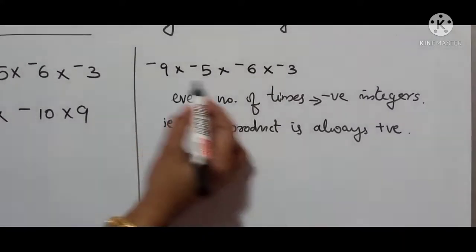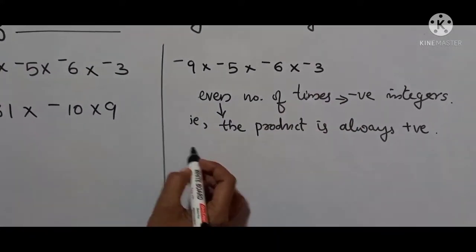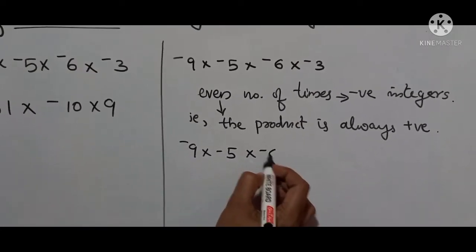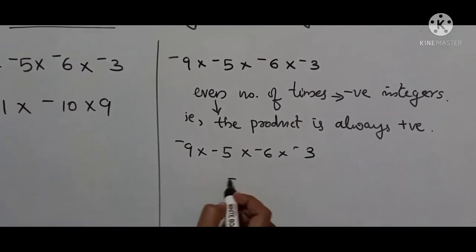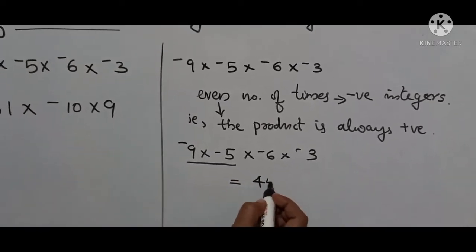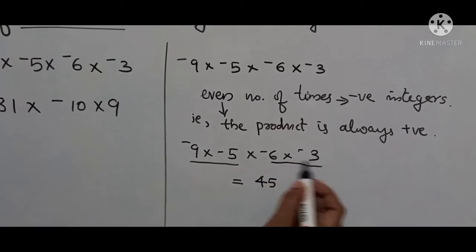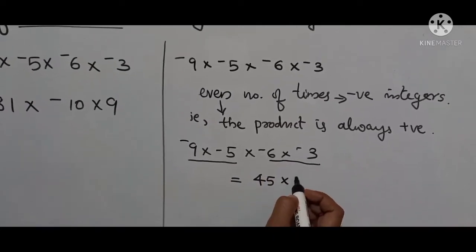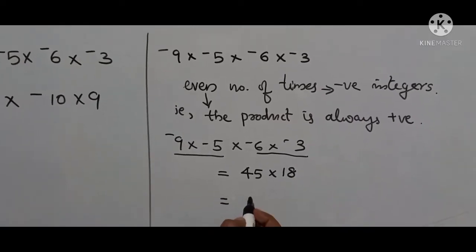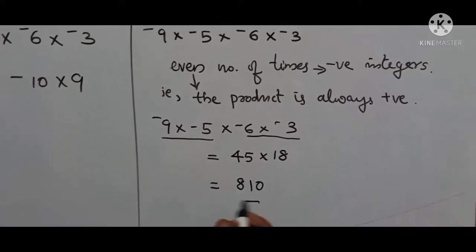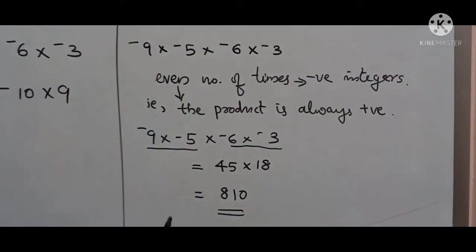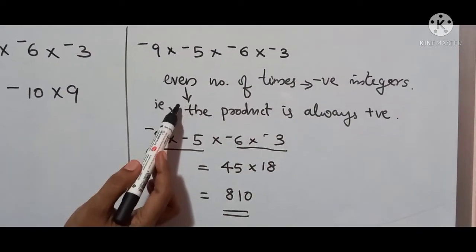Just multiply these numbers and write the answer. Minus 9 into minus 5 is 9 into 5, which is 45. Minus 6 into minus 3 is 18. Then 45 into 18 is 810. This is the answer.